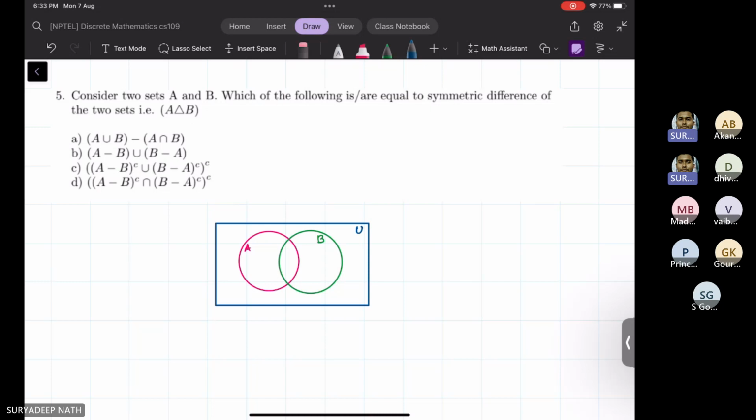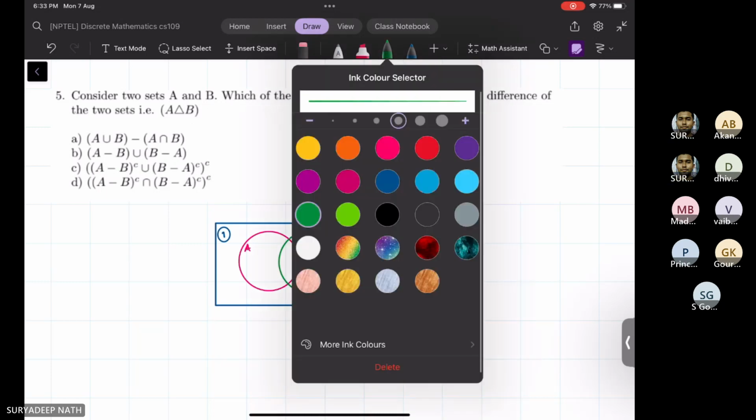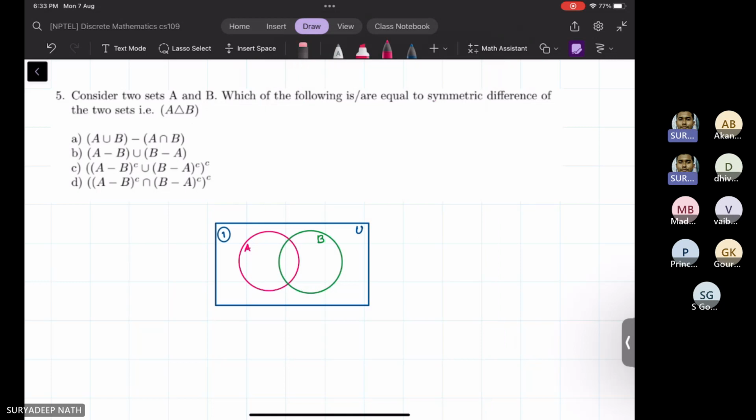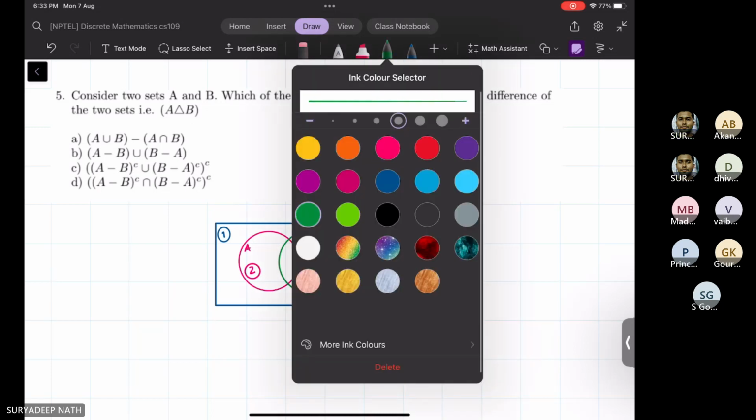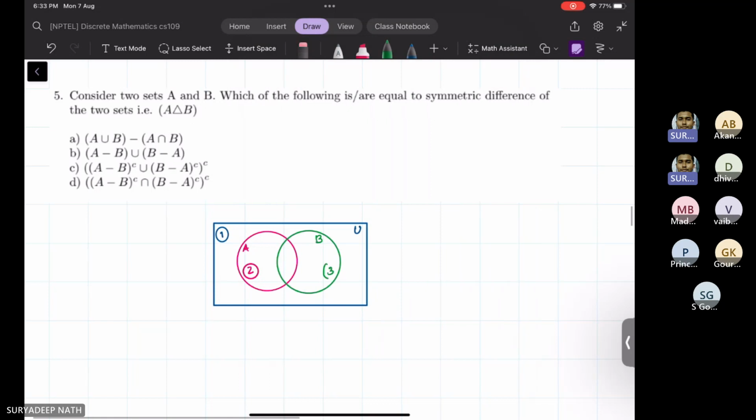So in the diagram, again, we'll draw the region. One is the region outside both the sets. Two is the region that is in A but not overlapping with B. Three is the region that is in B but not overlapping with A. And finally, this 4 is the region that's overlapping.